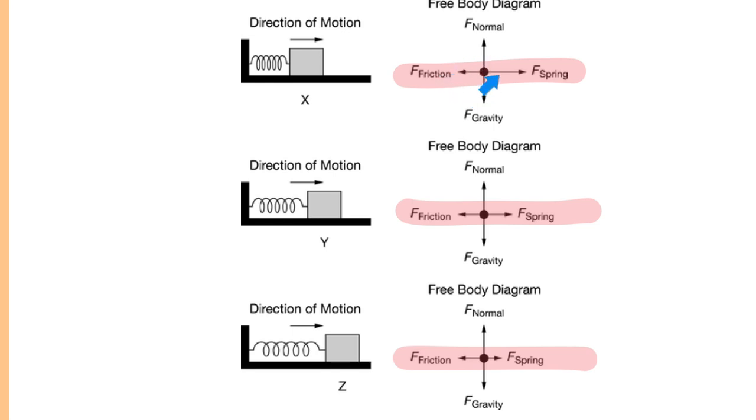Whenever it's compressed, there's very little force of friction, but there's more force of the spring. In the middle, the forces are kind of even, and up here, friction is kind of pulling it back.